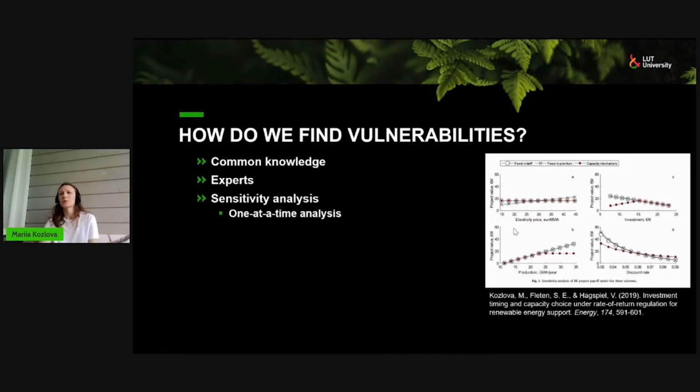Often a one-at-a-time analysis is conducted. Here's a picture presented from my work with Steineric and Verena. Practically, you check one factor and how it influences the outcome while all the other factors are fixed. And I know that many of us are doing this kind of analysis, right? Well, there are some limitations.